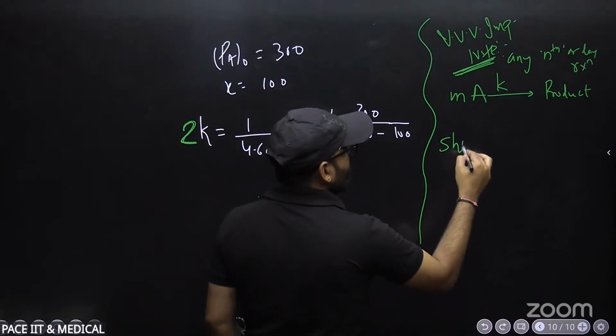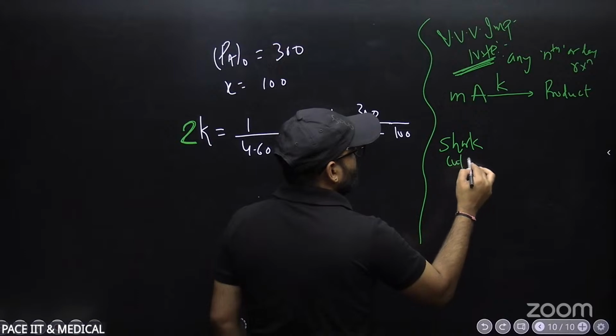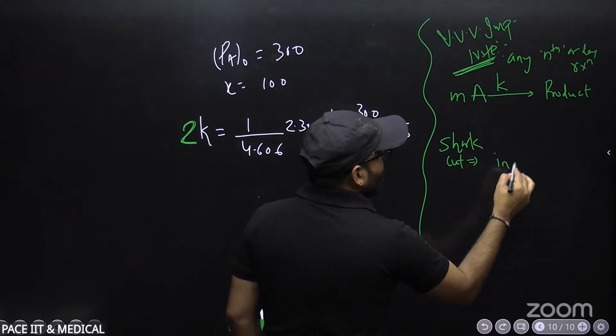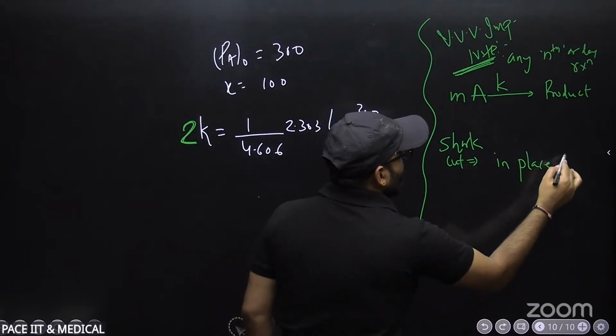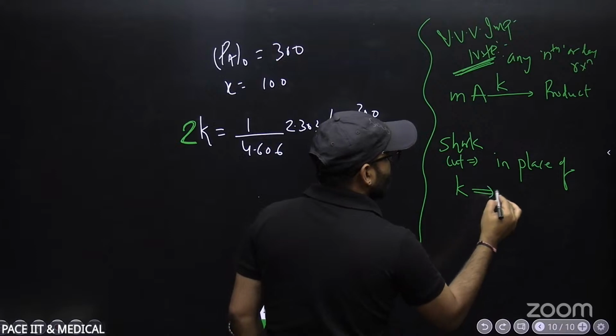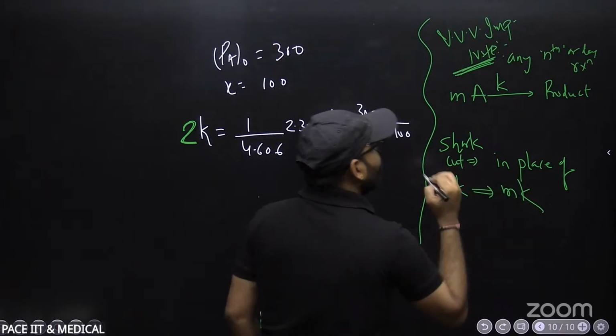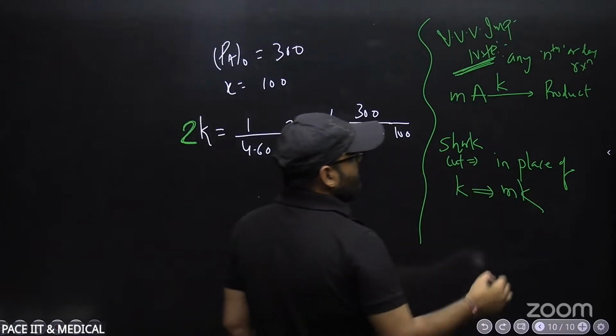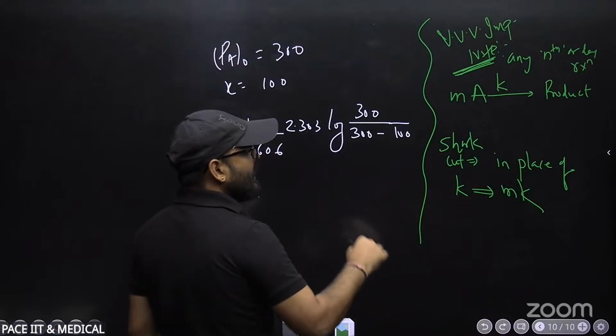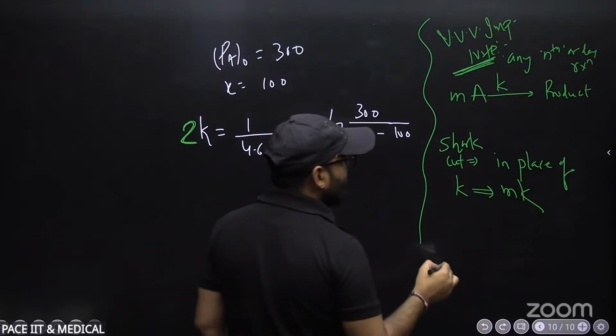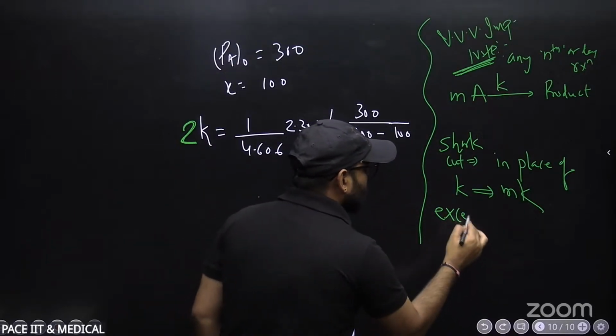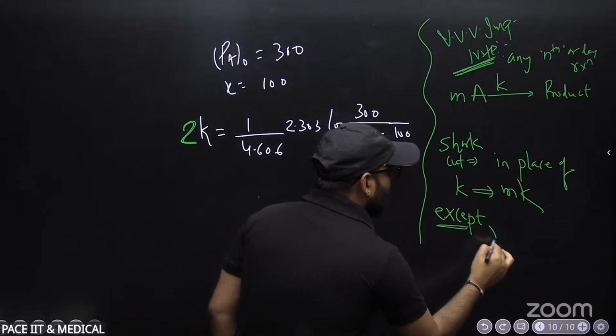What is the shortcut? In place of k, write mk. Just in place of k, write mk. K is the rate constant of the reaction, except for the rate.